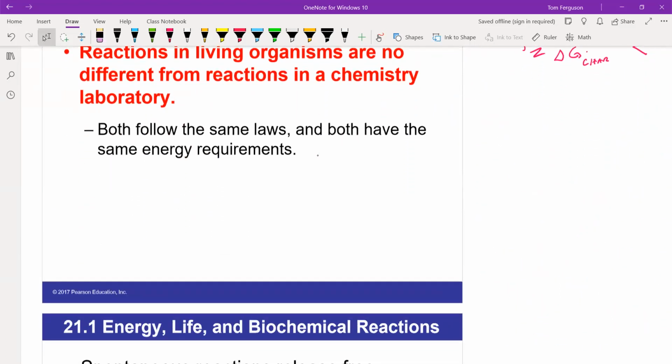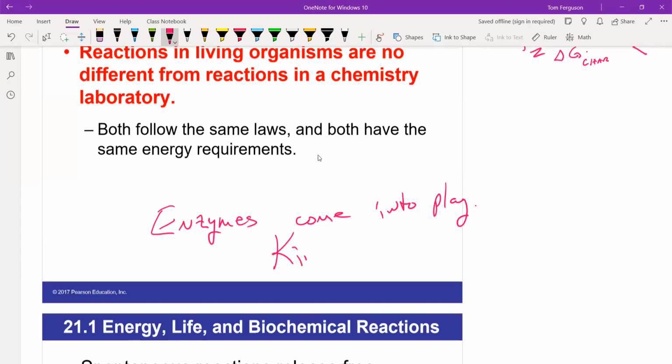And that's where enzymes come into play. They affect the kinetics part of this relationship. And since they're catalysts, they lower the activation energy.